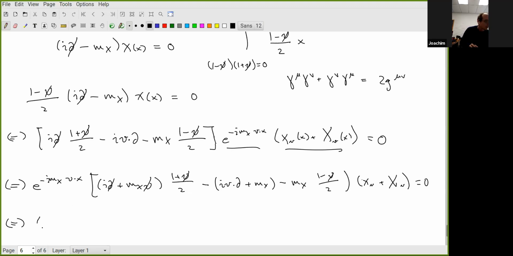So we get the following: (i d-slash plus m_chi) chi_v minus i v dot d plus m_chi chi_v plus capital Chi_v equals m_chi capital Chi_v.